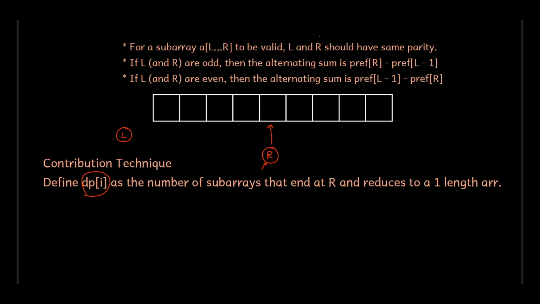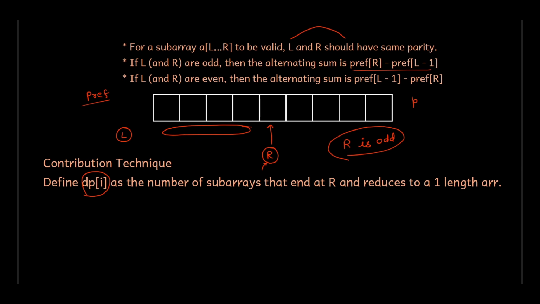First of all, l and r should have the same parity, so that is for sure. And then in the prefix sum array that you have created, suppose the current pointer that you are on, r, is odd. Then you want to know how many integers on the left hand side of the prefix sum array, because if it is odd, then this quantity must be greater than 0.